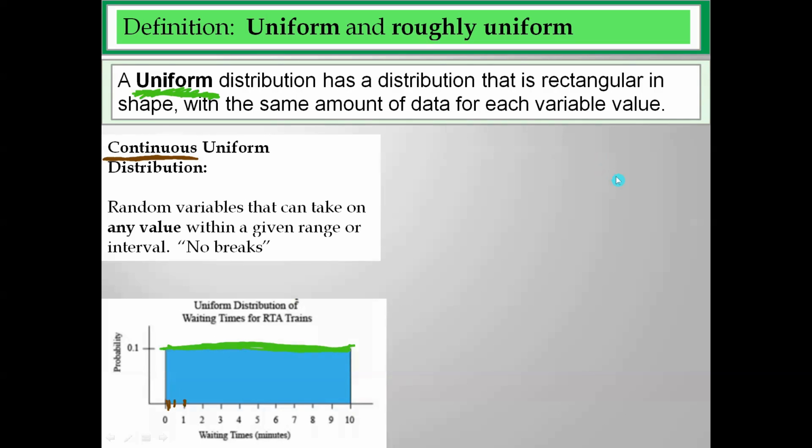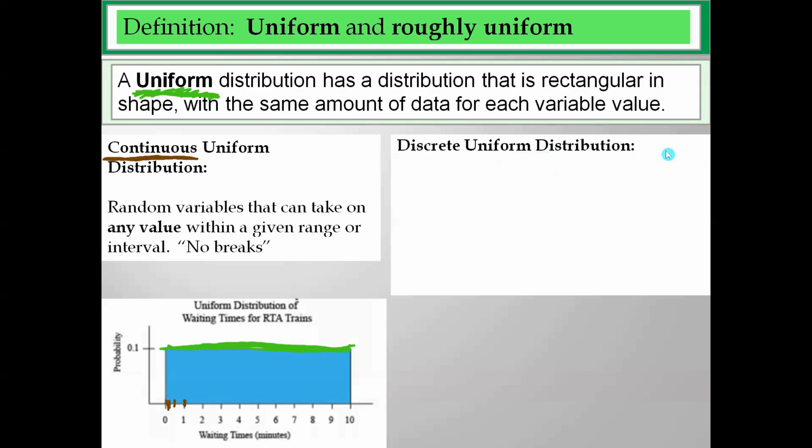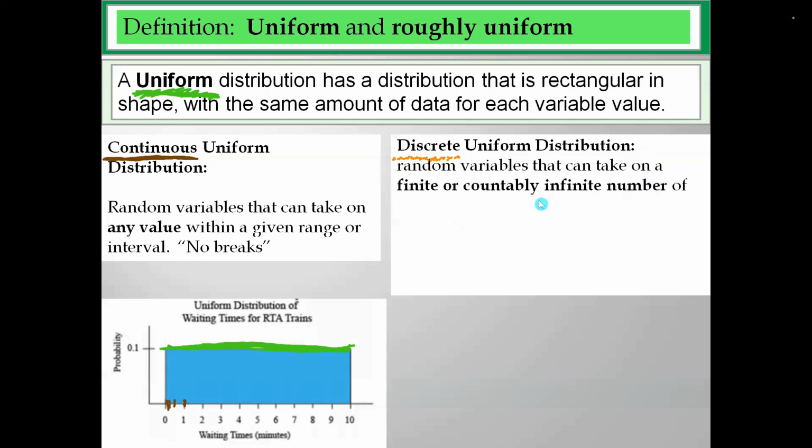Let's look at the second case where we have something that's roughly uniform. A discrete uniform distribution, we want to think about values that have breaks in them. So things that don't make sense to cut into smaller sections, like people, whole digits, like integers. In a discrete uniform distribution, random variables can take on a finite or countably infinite number of distinct values.